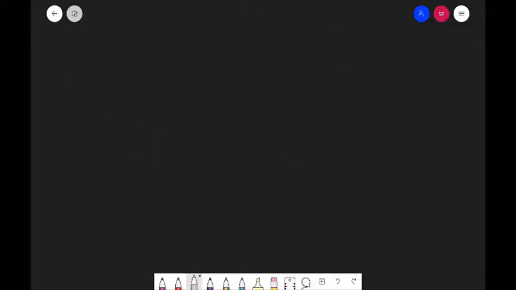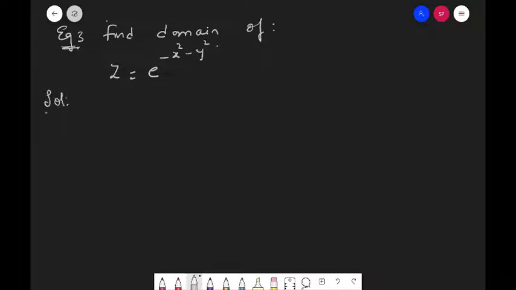Now let us look at the third example. Example 3. Find domain of z is equal to e power minus x square minus y square. Solution.